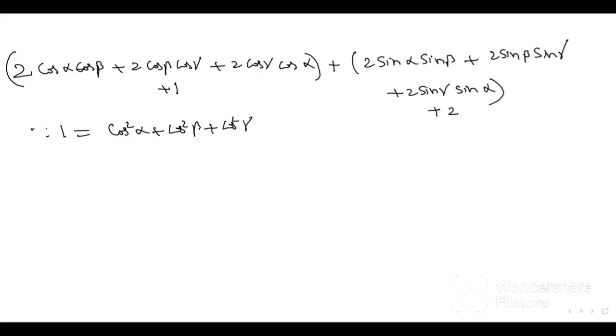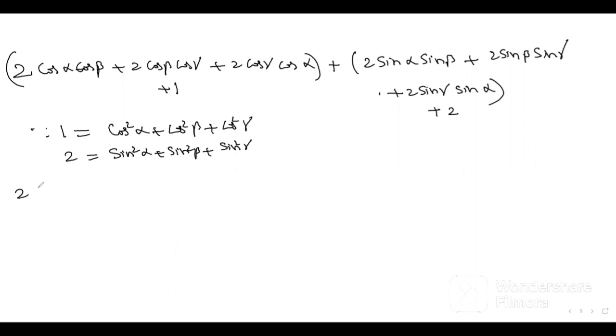Next, that implies 2 is equal to sin square alpha plus sin square beta plus sin square gamma. Here alpha, beta, gamma are the angles made with the x, y, z axes. Here 1 placed on the right.